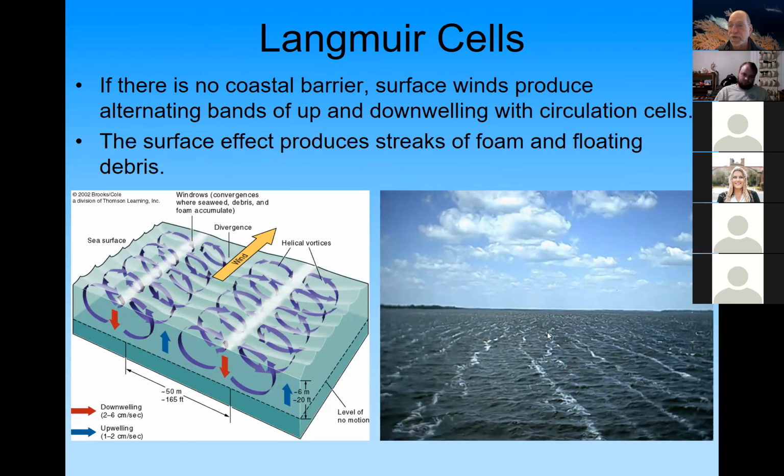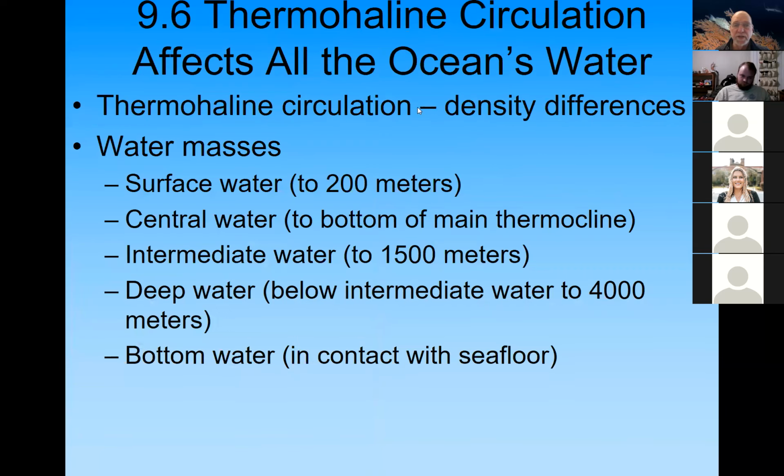So there's this huge mass of water that is relatively unaffected, at least directly, by wind patterns. Nonetheless, this deep water is in motion, and that motion produces long-term global climate effects. And this process generally is called thermohaline circulation.